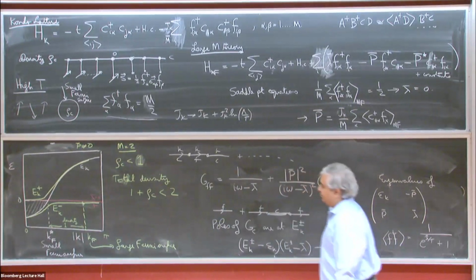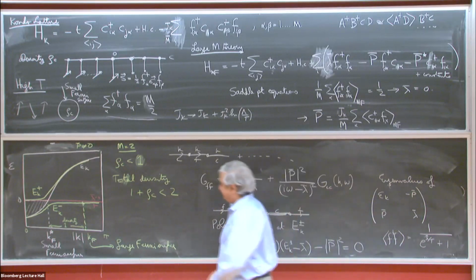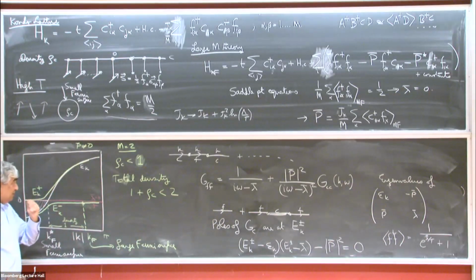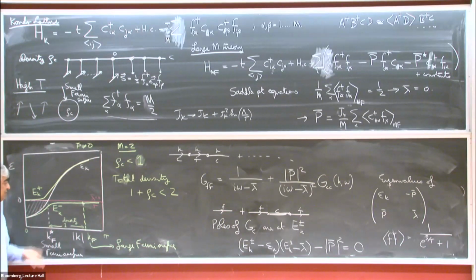Okay, so we're almost there. We've got a large Fermi surface. The next question is, do we have a very heavy mass? Now you can see just from this picture why the mass should be very heavy.